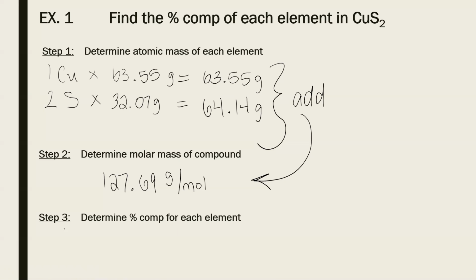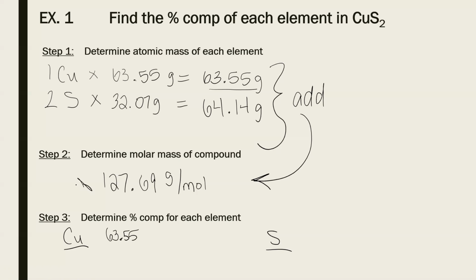So each element, we've got copper and we've got sulfur. Okay, the subscripts don't matter in this case. You take the mass of the element per mole divided by the atomic or the molar mass. So we said that copper in this compound had a mass of 63.55.